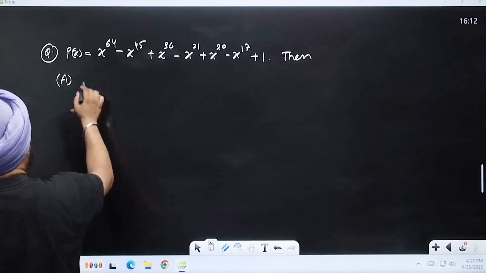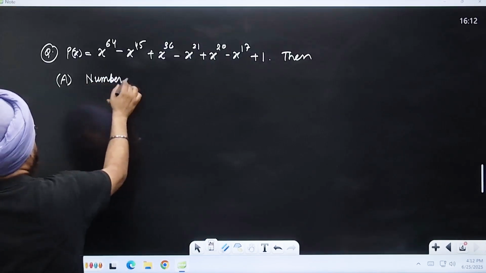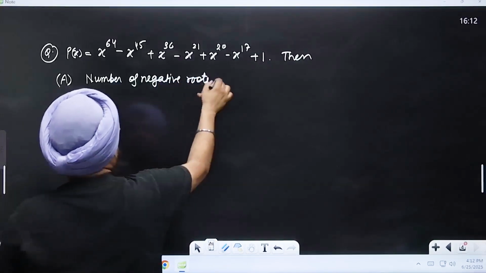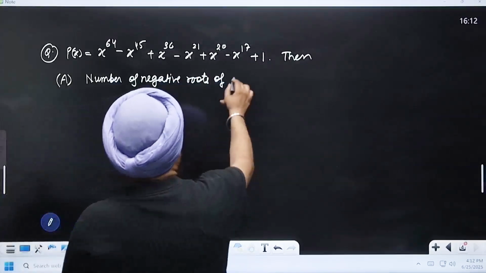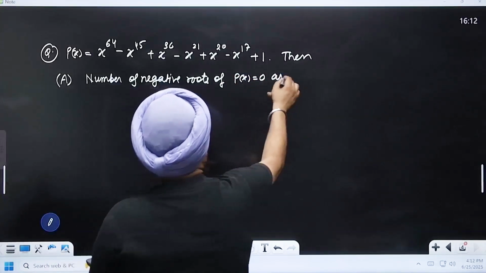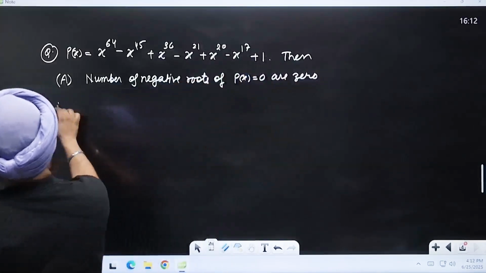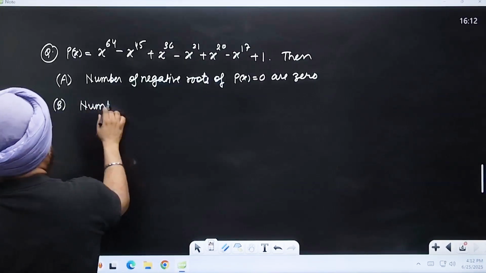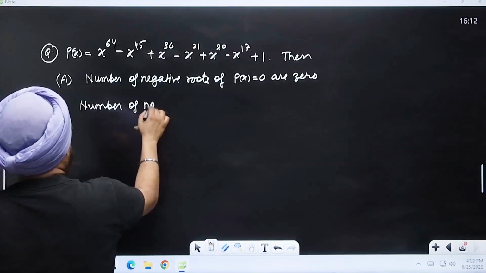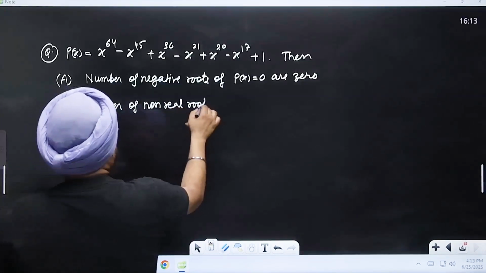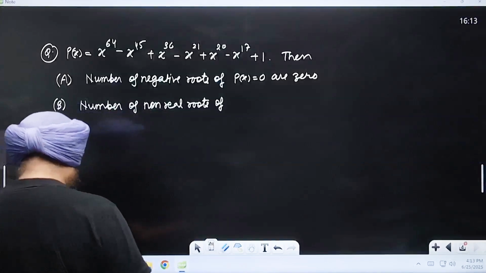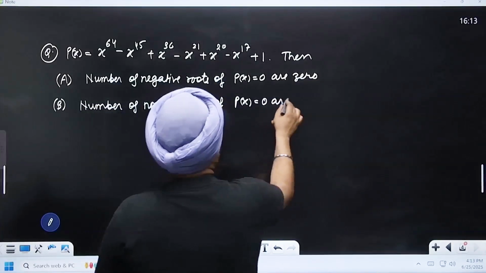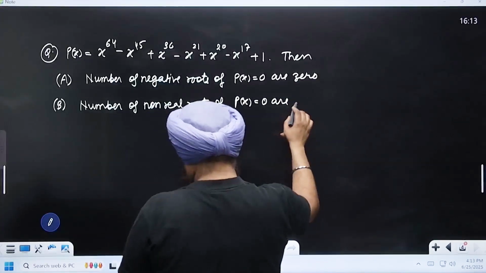Number of negative roots of P(x) equal to 0 are 0. Number of imaginary or non-real roots of P(x) equal to 0 are 64.